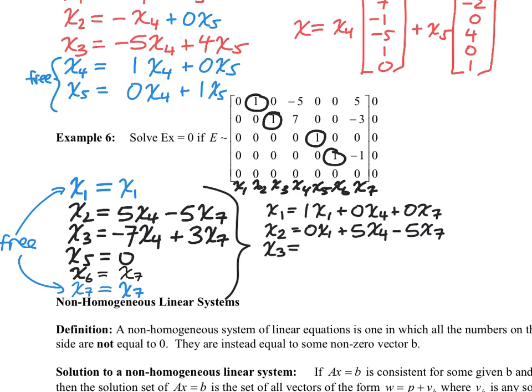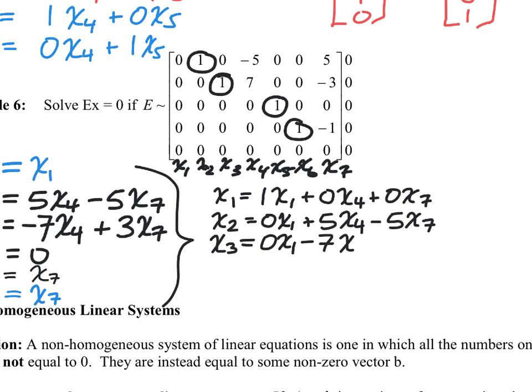X sub 3 is equal to 0 x sub 1 minus 7 x sub 4. Undo. I think if I have it too small, it doesn't pay. Yeah, that's the issue. Plus 3 x sub 7.